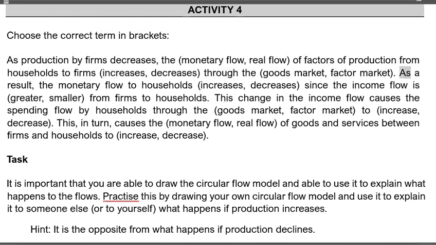As a result, the monetary flow to households decreases, since the income flow is smaller, from firms to households. This change in the income flow causes the spending flow by households through the goods market, factor market, to decrease. This, in turn, causes the monetary flow, real flow, of goods and services between firms and households to decrease.